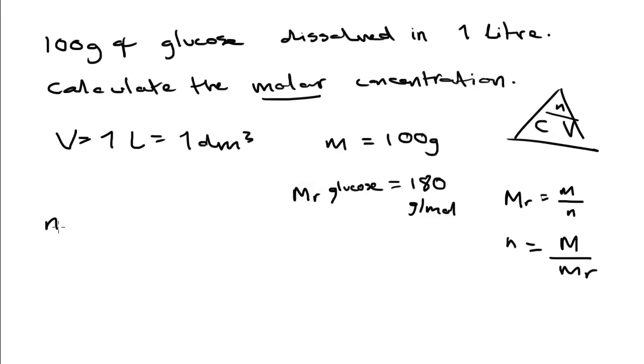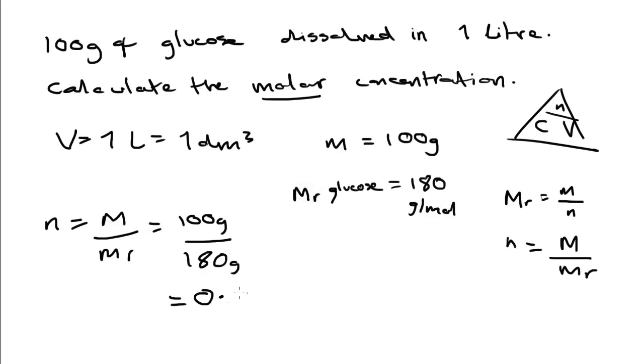Now, in order to work out number of moles, we divide m by Mr, like we said over there. So that's 100 grams divided by 180 grams. Let me just plug that into my calculator. 100 divided by 180 gives me 0.56 moles.